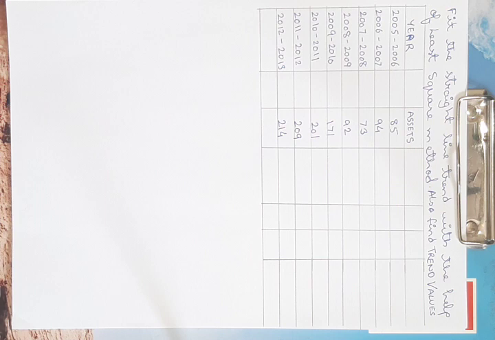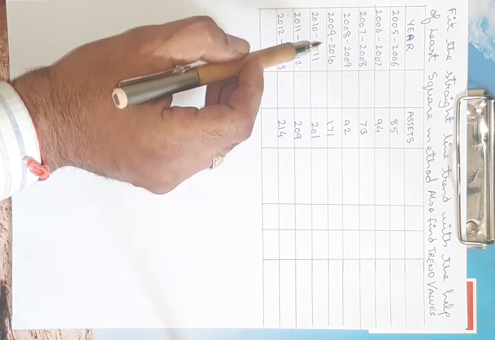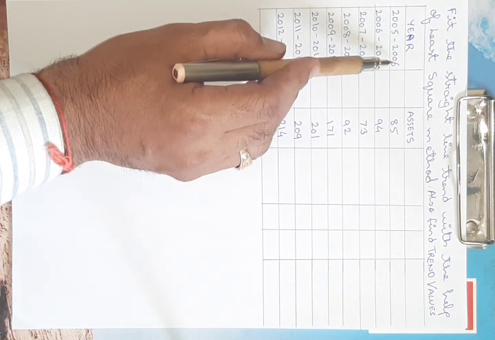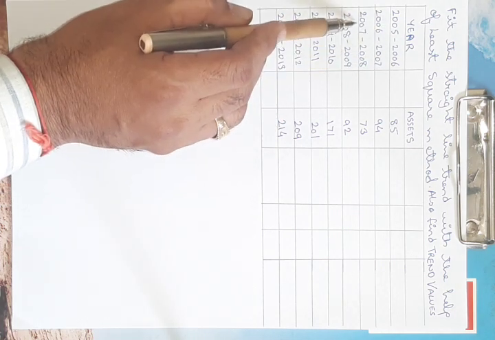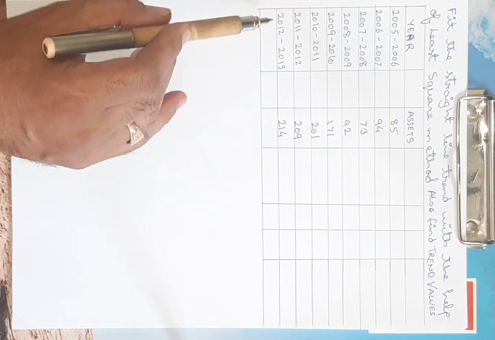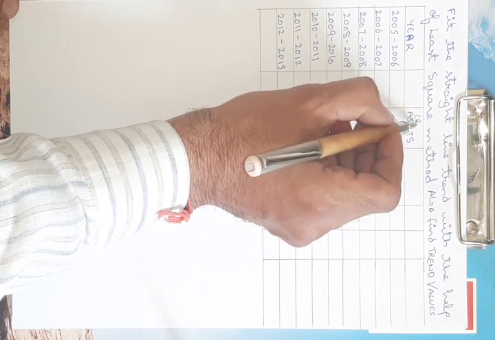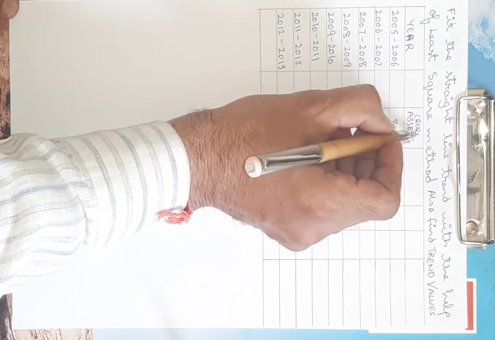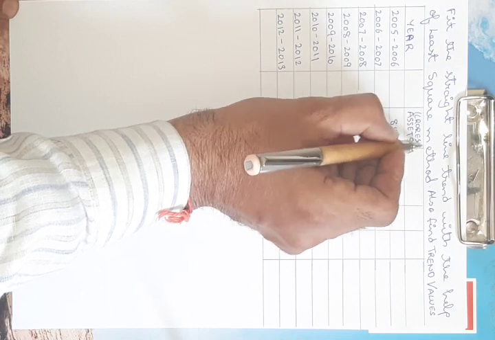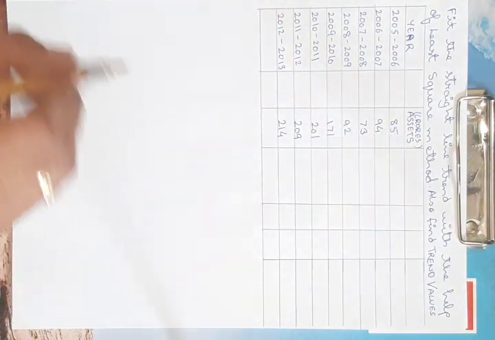Now here, as you can see, the year is given. The years are from 2005 to 2006, 2006 to 2007, 2007 to 2008, likewise till 2012 to 2013. Similarly, assets are given, which are in crores of rupees. So here we need to fit the straight line.